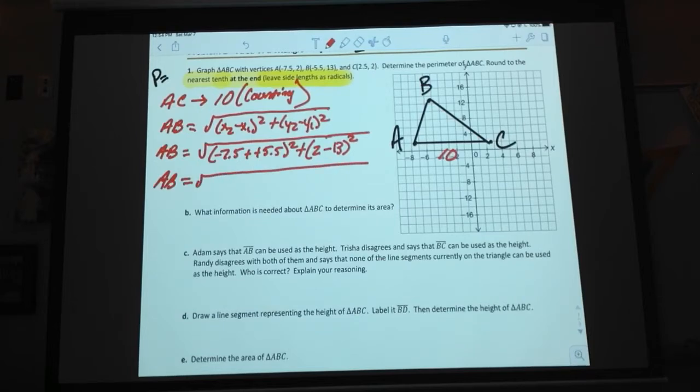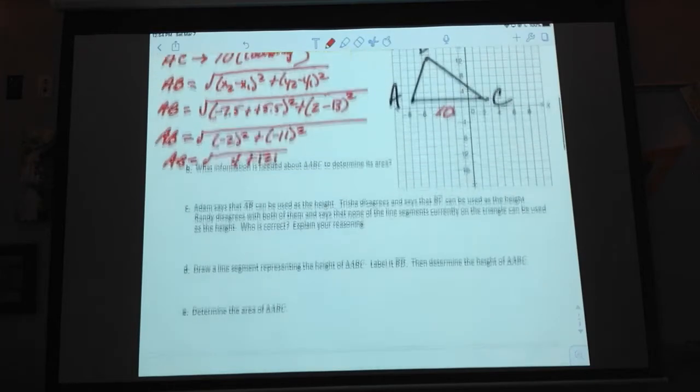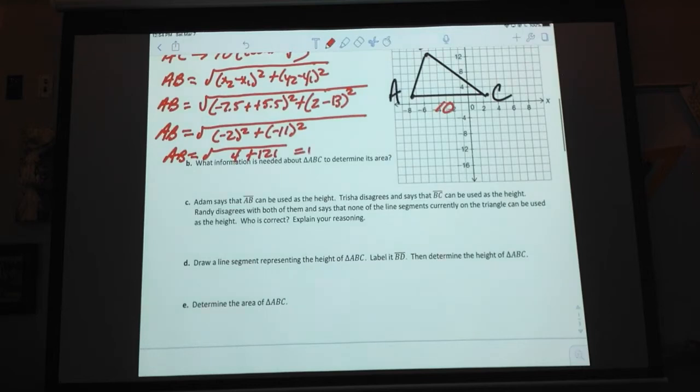So when I see this, I see that this is going to be a negative 2 squared plus a negative 11 squared. And I know that AB is then going to be 4 plus 121. So this is going to be the square root of 125.